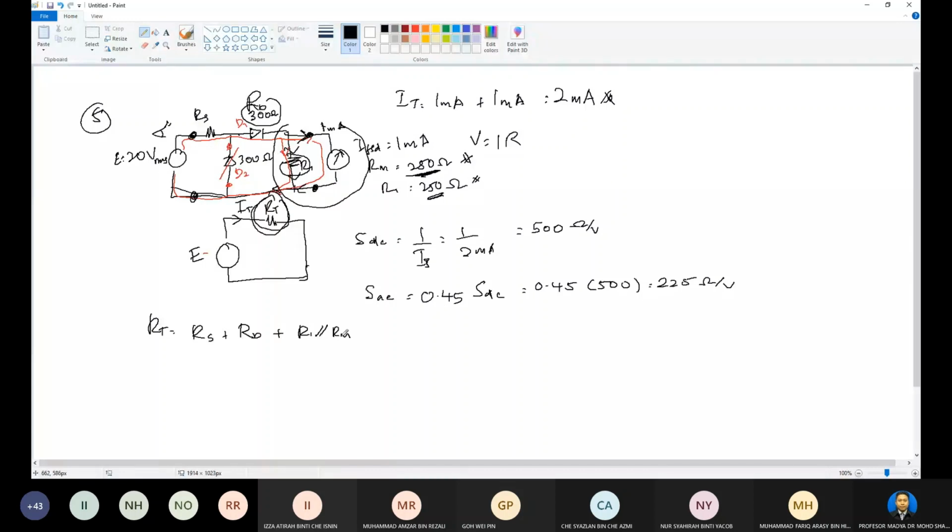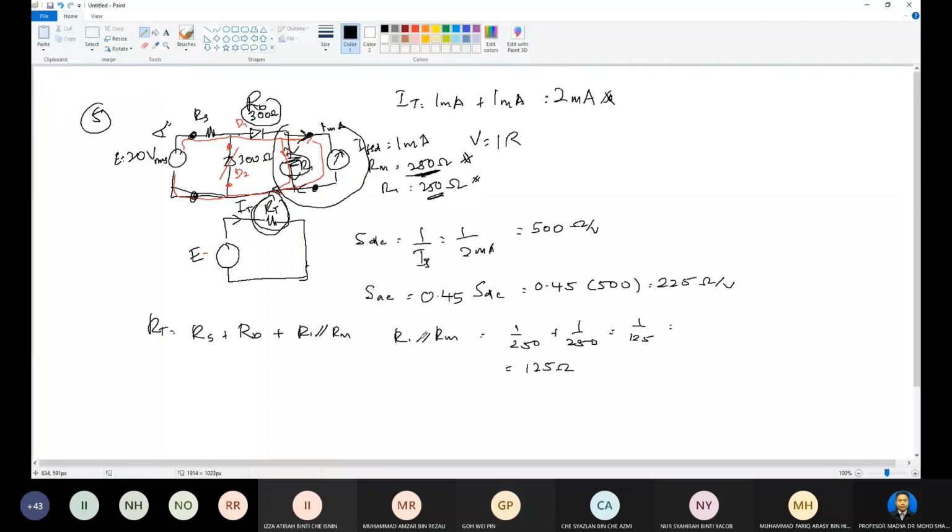As we know, R1 is 250 and RM is 250. 1 over 250 plus 1 over 250. So the answer will be 1 over 150. So we invert. So the answer will be 125 ohms for parallel R1 and RM.